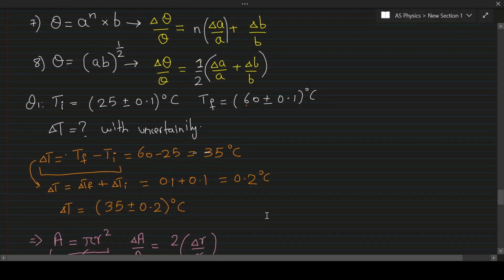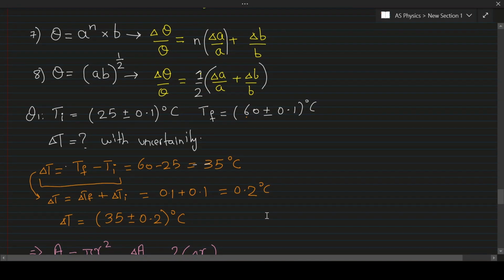Then we have a question solved here: Ti, the initial temperature with its uncertainty, then Tf, the final temperature with its uncertainty. We need to find delta T with uncertainty.